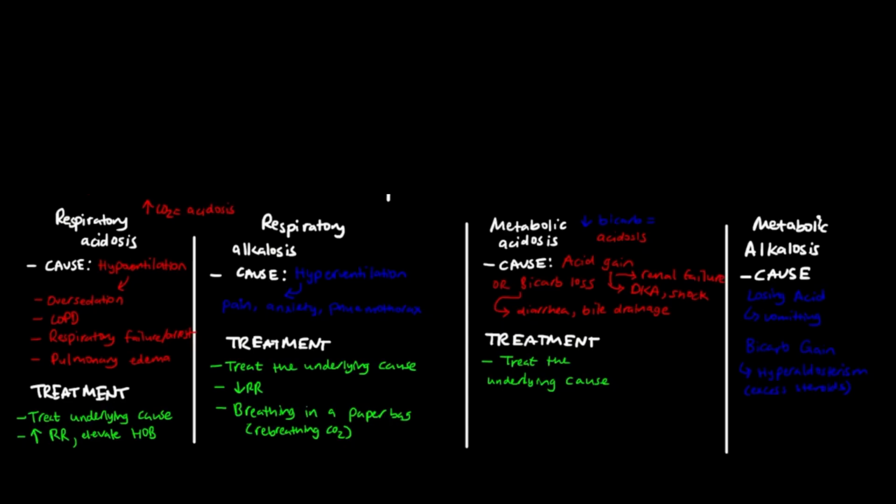And there are some steroids in the body that increase the kidney's retention of bicarb. And that excess bicarb gain puts us in a state of metabolic alkalosis.